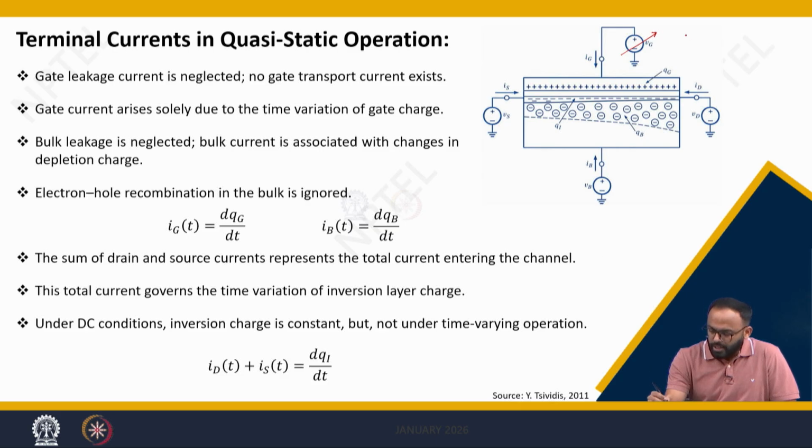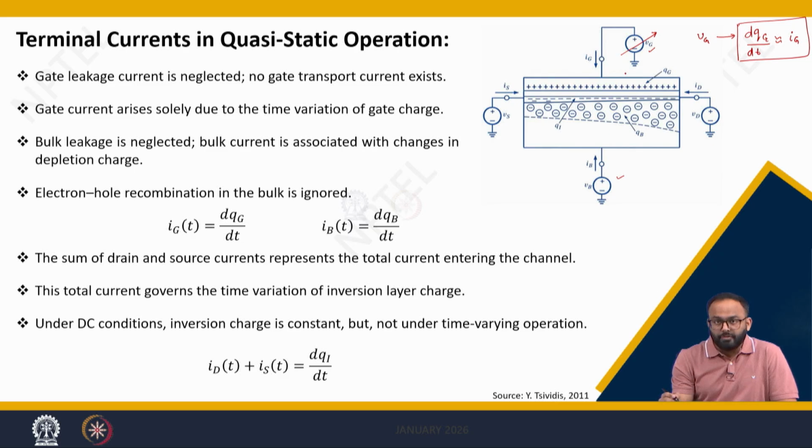As I explained, if you change the gate voltage, let us say very slowly, then this change in gate voltage will create a change in gate charge, and the gate charge change with respect to time will give you what? The gate current. Similarly, let us take an example, either you are changing Vg or you are changing Vb.